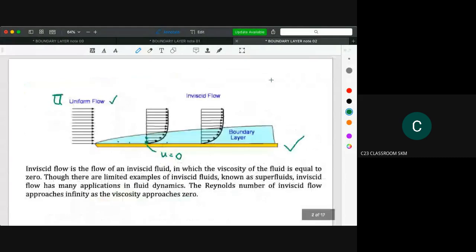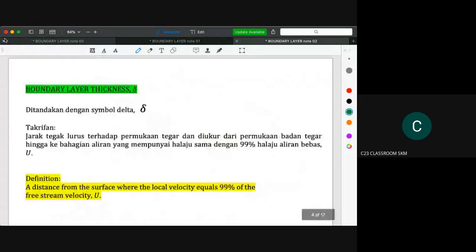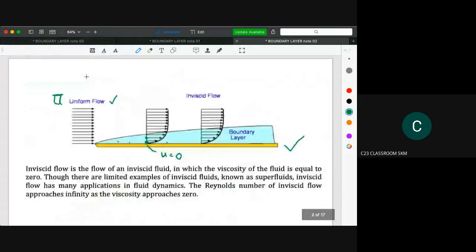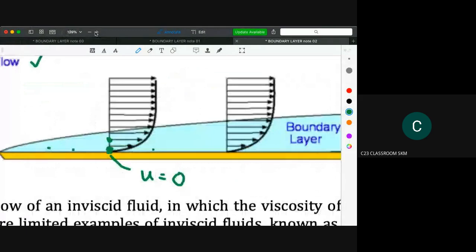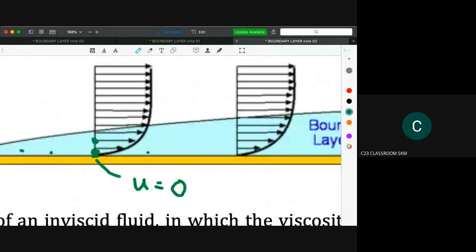Okay, we go back here because I would like to explain the formation of the boundary layer. I will explain with this slide. You know that at this point, the velocity is equal to 0. Then the molecule here can travel a little bit faster, and the molecule after that will travel a little faster than the second one.